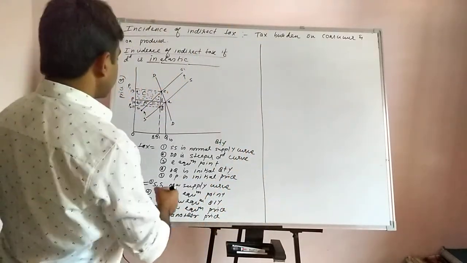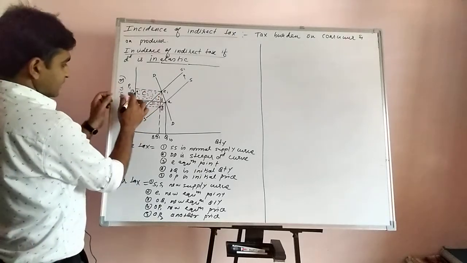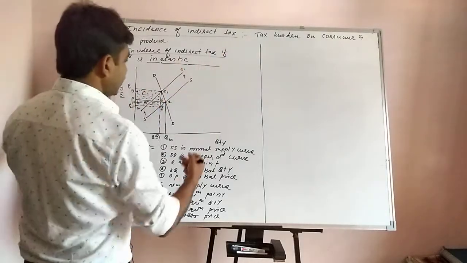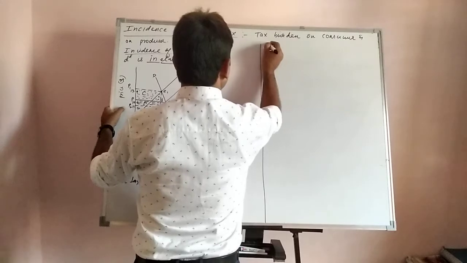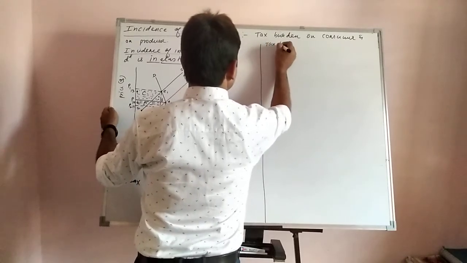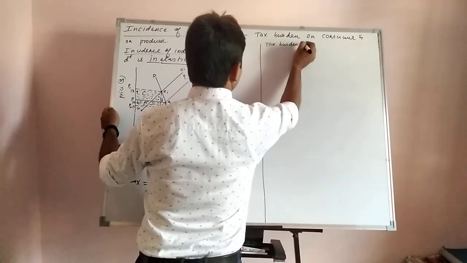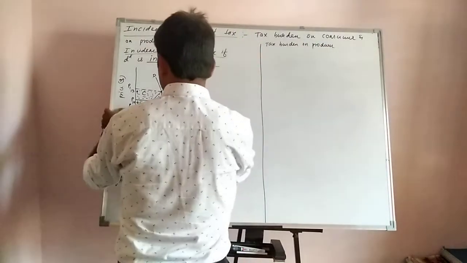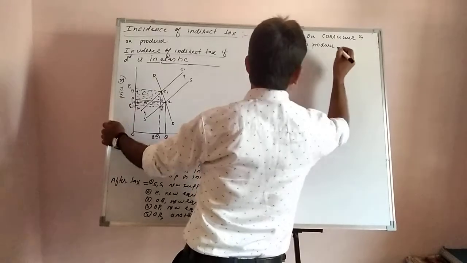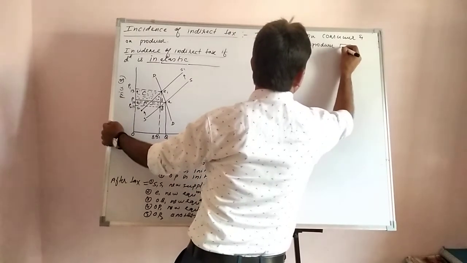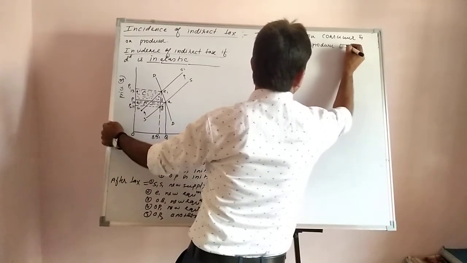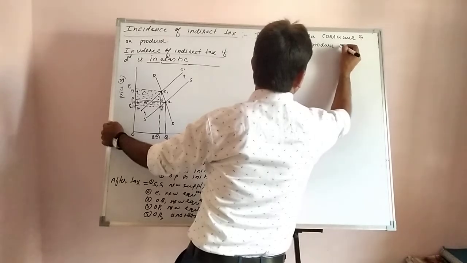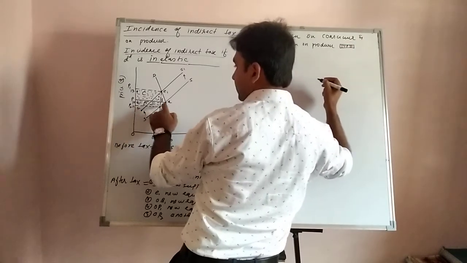Okay, so we'll try to take this particular gap and put it here. So the tax burden on producer is quite less. It is P2 GFP, producer, that is P2 GFP.